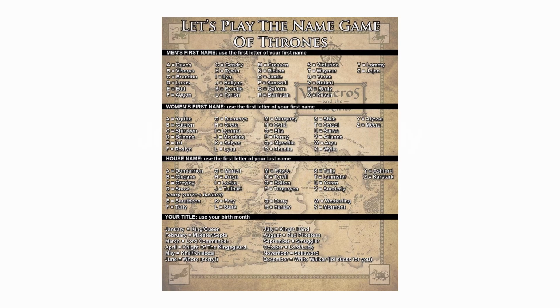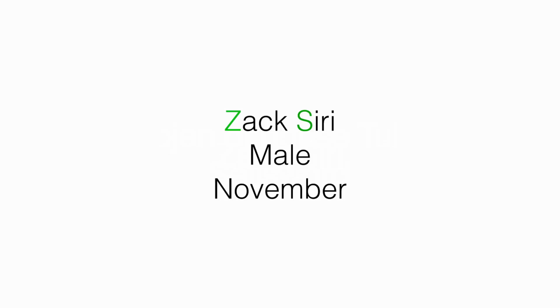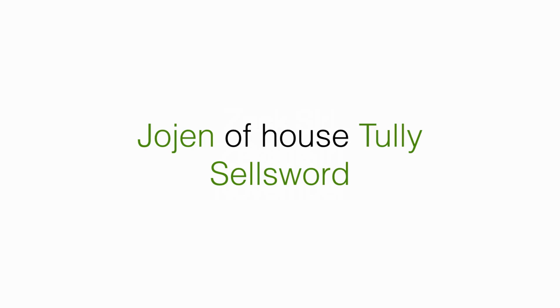What we're going to do as a project is program this chart so that when we put in these 3 inputs, Zaxary, male, November, we get our ranking in the Game of Thrones universe. It's not a breakthrough game. It's just something simple enough that I can show you guys all the mechanics of Ruby and all the cool stuff within Ruby. We can use Ruby to create this little thing.